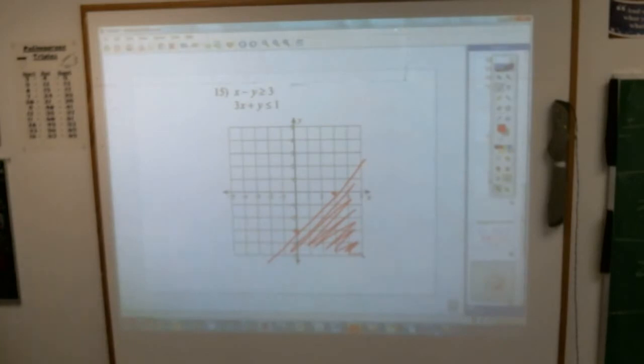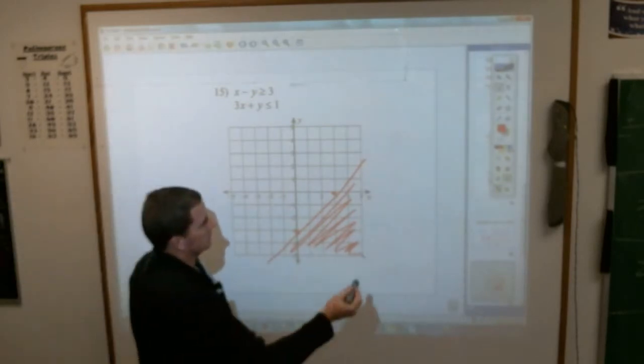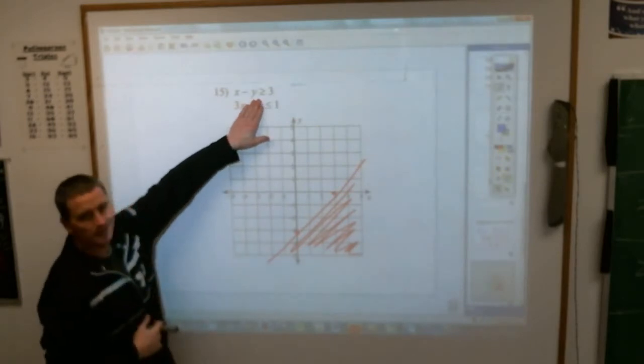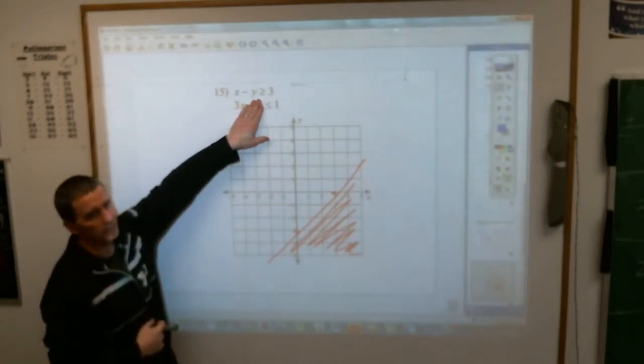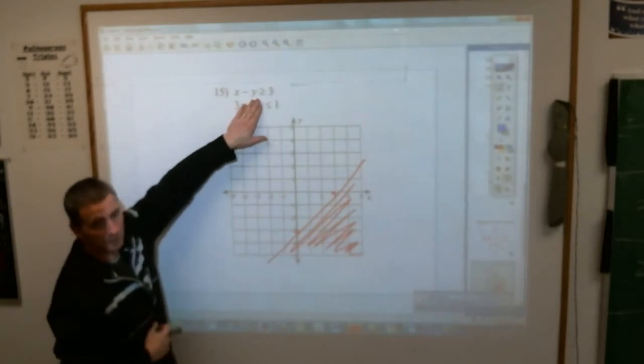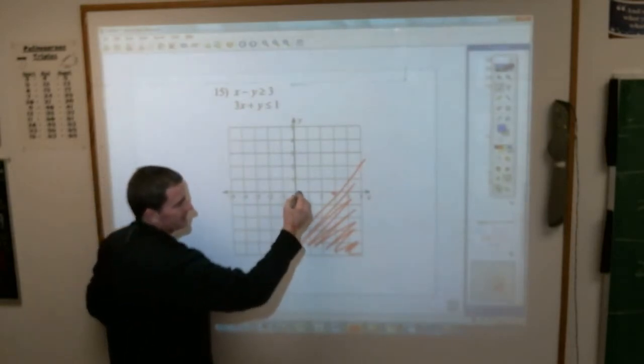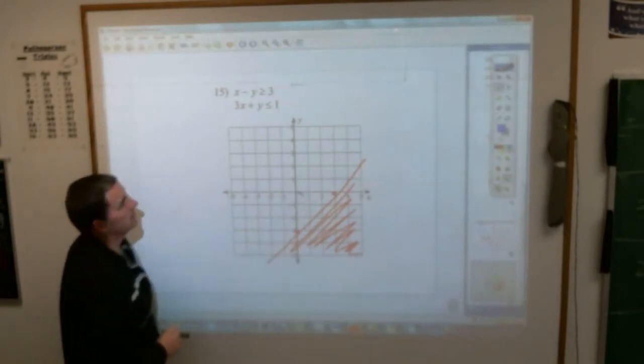Okay. Second one, y is positive, so that makes life good. What is this? The x-intercept, Christine, is what? If 3x equals 1, x is going to equal 1 divided by 3, which is 1/3. So here at 1/3 again, it's not exact. You can just put a little dot there.